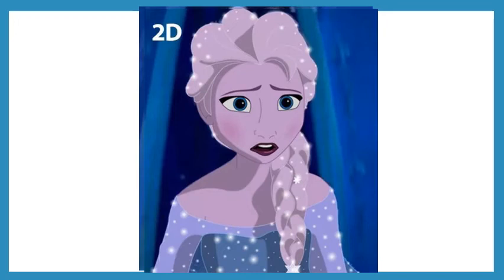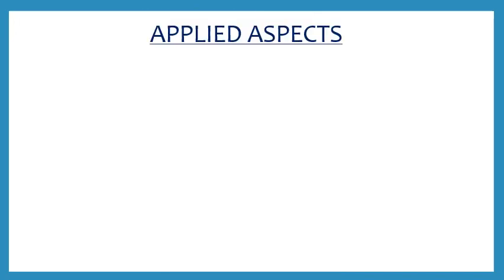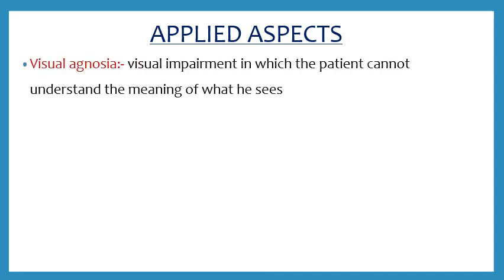Okay. Now moving on to some applied aspects. What will happen if our cortex is not able to process all this information? What will happen if there are cortical lesions? We have a condition called visual agnosia, in which the patient cannot understand the meaning of what he sees. Suppose you show an apple to him, he'll just describe it as a red and round thing, but will not recognize it as a fruit that we can eat.